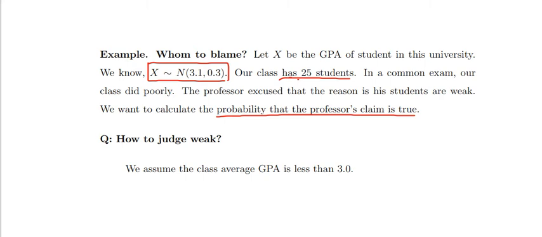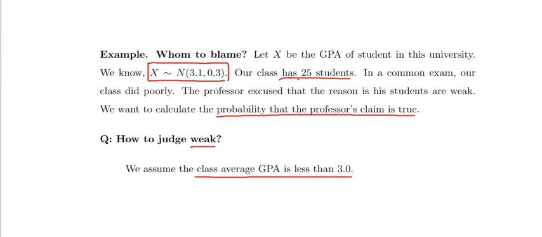The professor's claim is that students are weak. So how can we judge weak or not weak? Here we just assume weak means the class average GPA is less than 3.1.